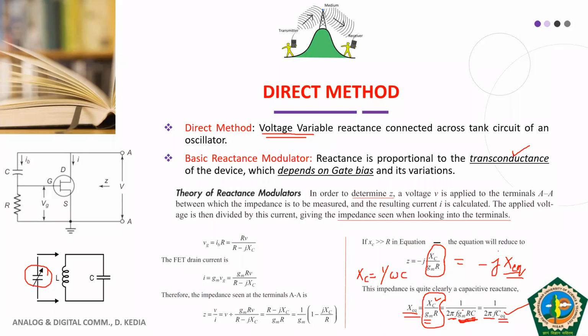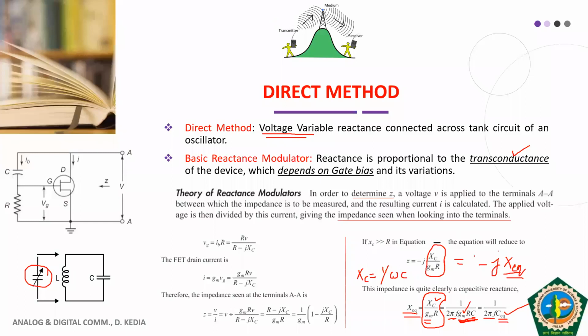This equivalent capacitance is dependent on GM, which again depends on the variable voltage or the gate voltage, and R and C are fixed. So I hope all of you have been able to understand the theory of reactance model.